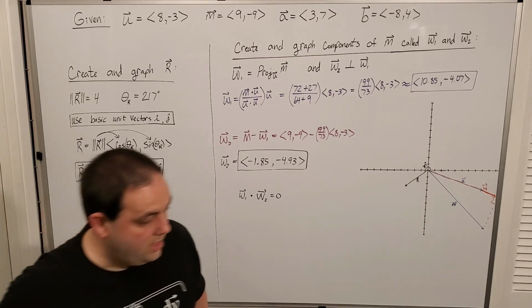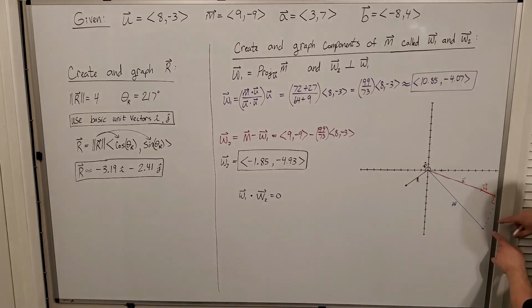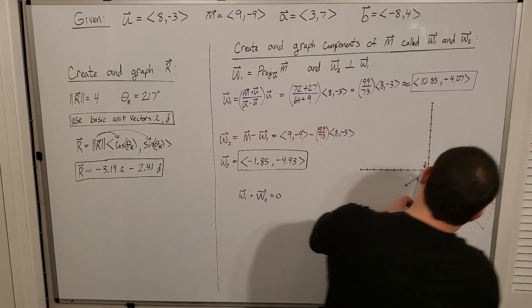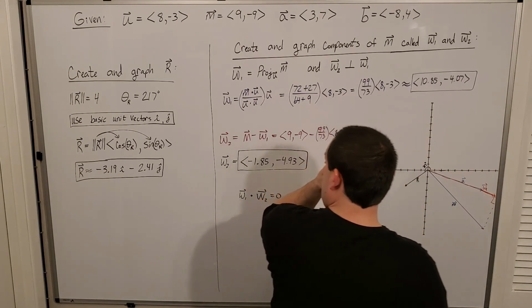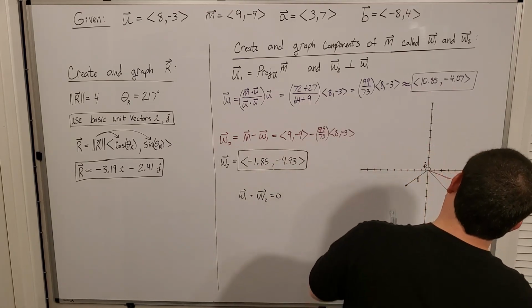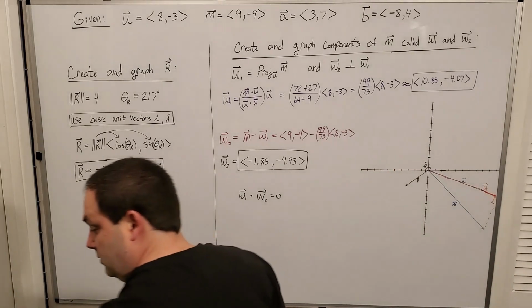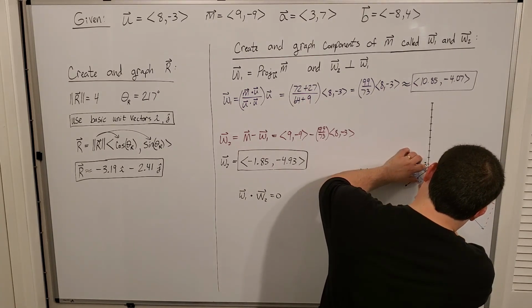Okay, so let's graph W2. W2 is going to be that small bit of vector that's actually parallel with this piece because it's at a right angle here, you see? But we usually typically graph it like they're coming from the same source over here. So negative 1.85, negative 4.93 should be at a right angle there to the U vector. Or, well, to W1 is in the U direction, right?